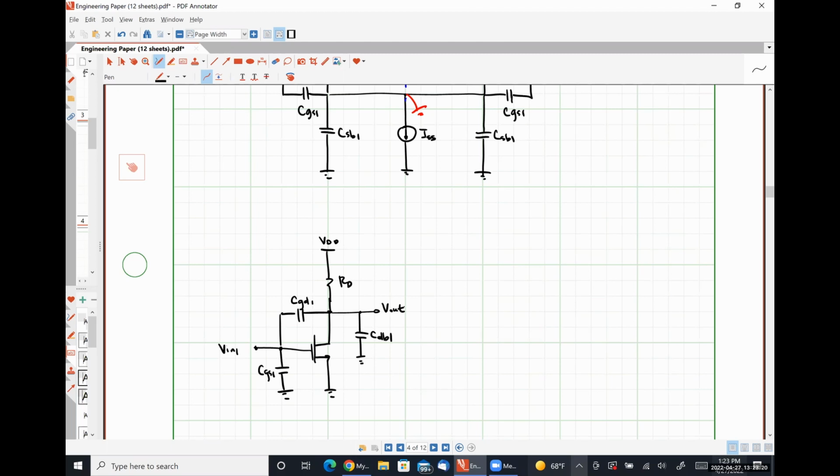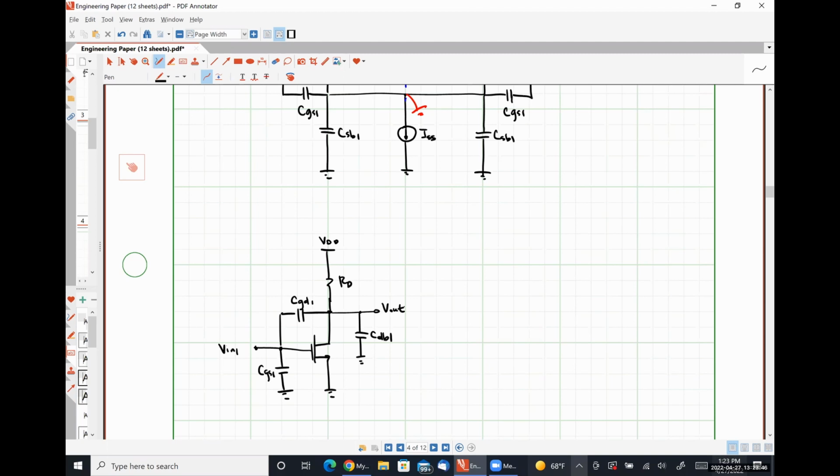So that would be extraordinarily similar to what our analysis looked like for the direct analysis of a common source amplifier, right? Because the only difference really that we would have is that our RSIG in this case is 0 or short circuit. So we've absolutely analyzed that before.